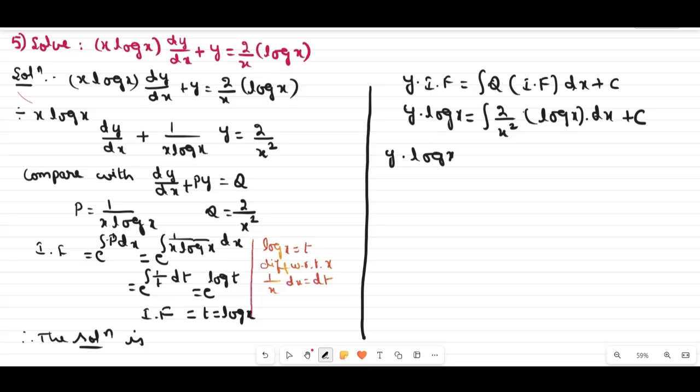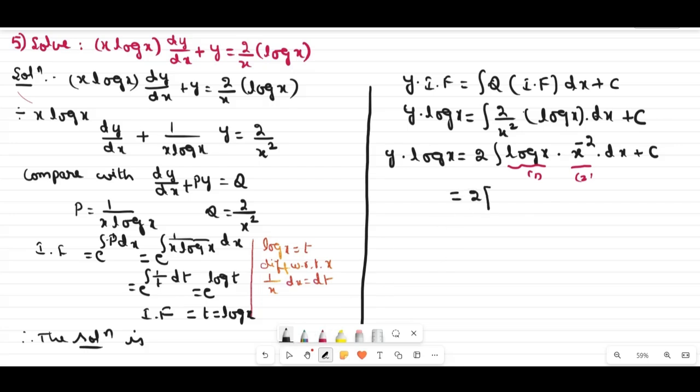Before applying integration by parts, I will take the constant outside the integral and shift this x square to the numerator. If you take this to the numerator, the power becomes negative. So what I will write here is 2 times integral of log x into x to the power of minus 2 with respect to x, plus c. Now I consider log x as the first function and x power minus 2 as the second function. Now I apply integration by parts.